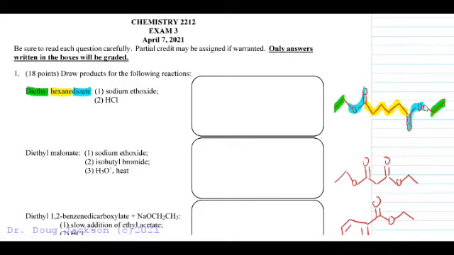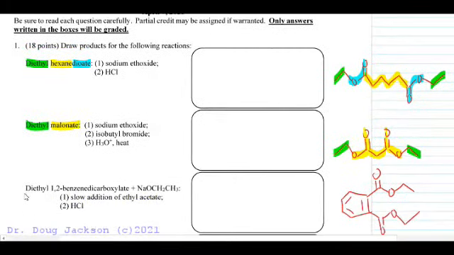Diethyl malonate, on the other hand, okay, malonic acid is this 3-carbon dicarboxylic acid. When we add ethyl groups to it, it becomes a malonate from malonic acid, and essentially it's now the diester. So this is the malonic ester synthesis here that we see for the second one.